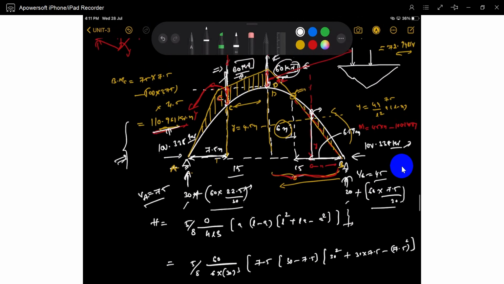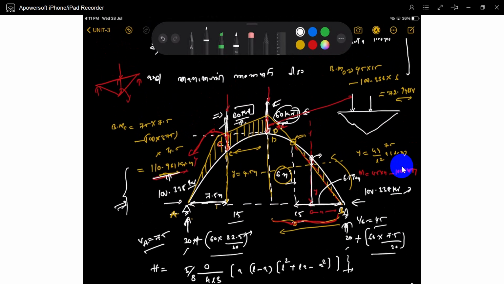And also you can find out shear. Shear means vertical, normal shear and radial shear at any section. Whatever the examiner asks, you can easily find out, as we discussed in the earlier problem. You can find the normal shear and radial shear anywhere with the help of theta.